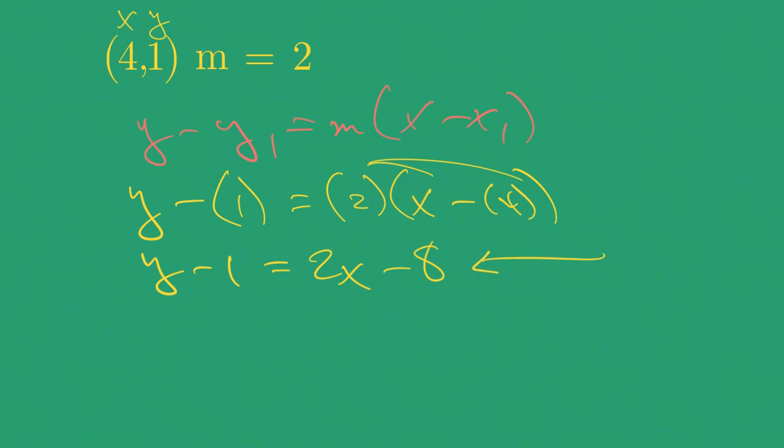Now, the instructions on the assignment today are going to ask for an equation in slope-intercept form. Guys, you remember slope-intercept form? Y equals mx plus b. That is slope-intercept form.